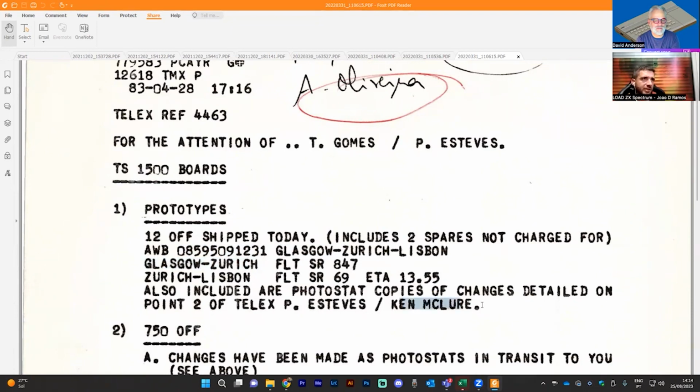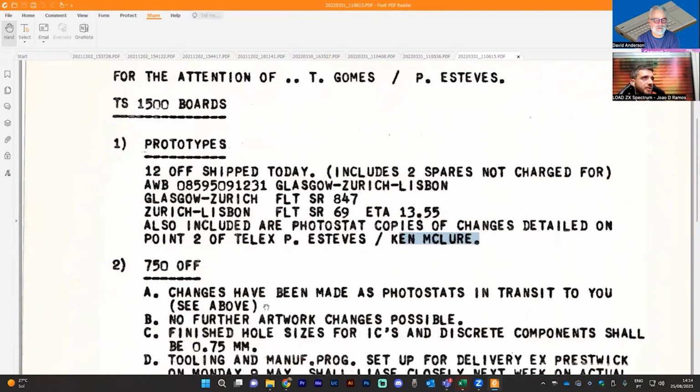I don't know who Ken McClure is. Probably a name from here. Pedro is probably the circuit board designer? Yes, the PCB designer. Or I don't want to say assembler, the guys that printed it.